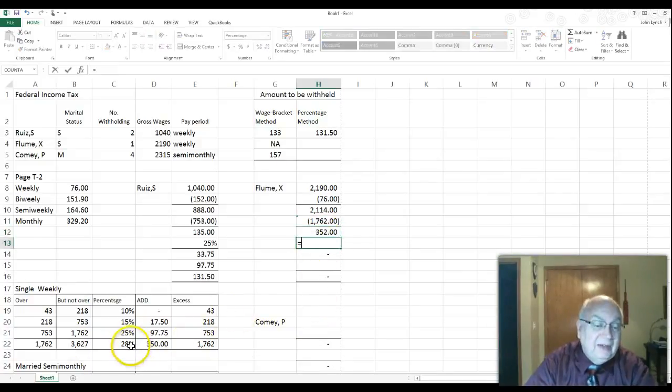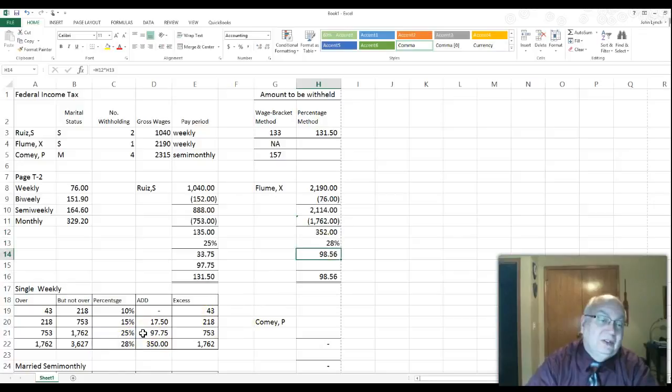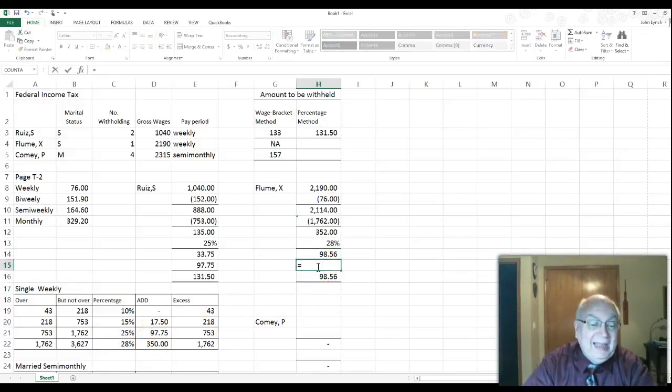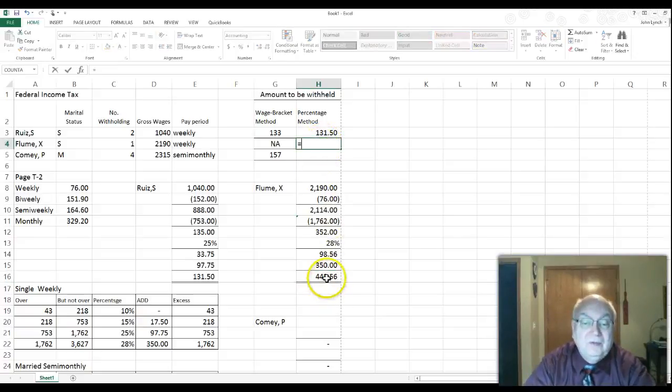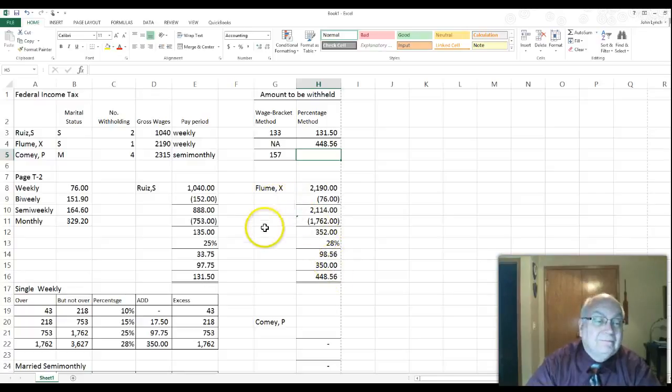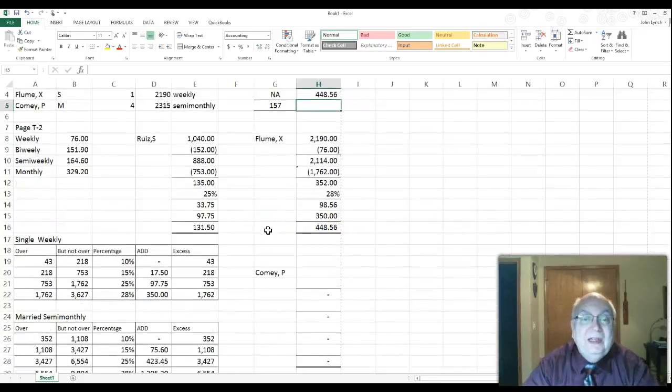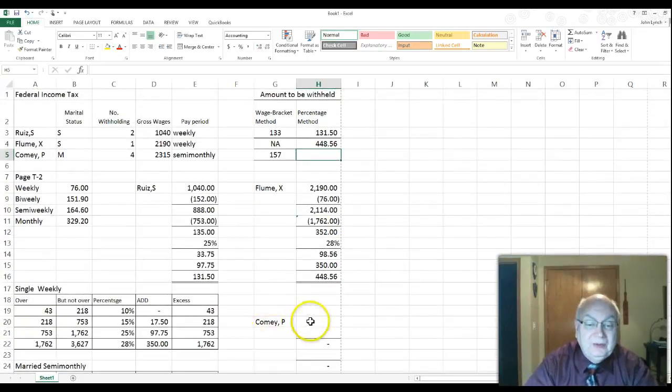But the tax rate that he fell into was 28%, or she, whatever it is. Okay, and then we add $350 to that, because that's the tax up to that point. So the tax for this individual is equal to $448.56. Okay, and I want to do one more to help a little bit, and that was for this one.